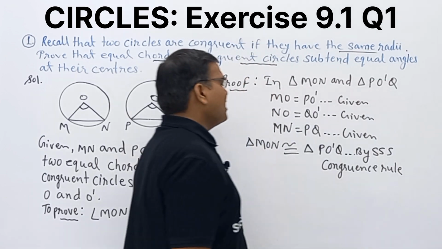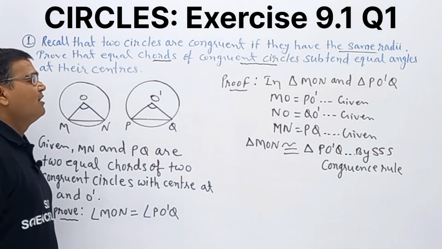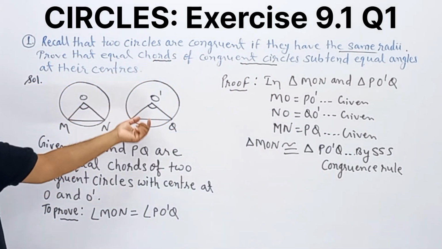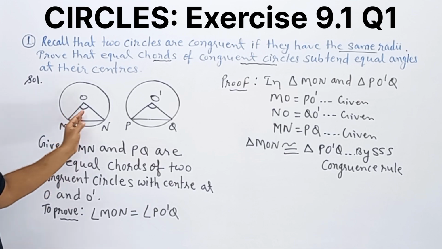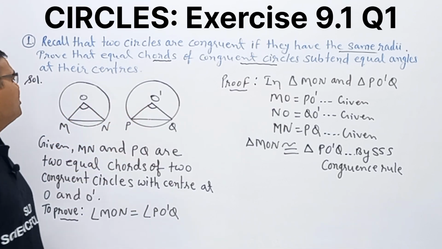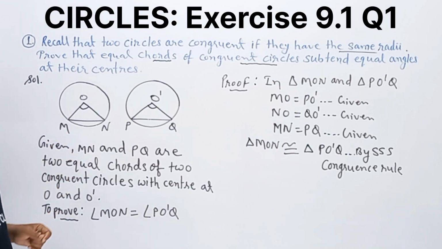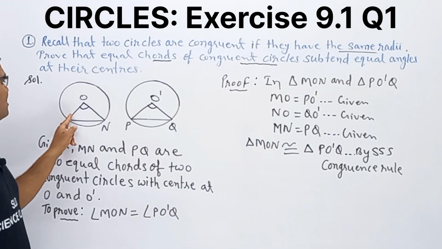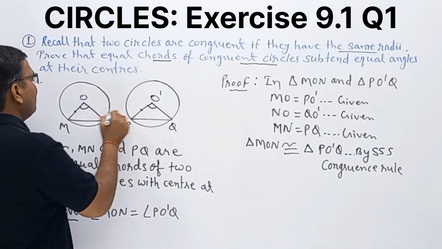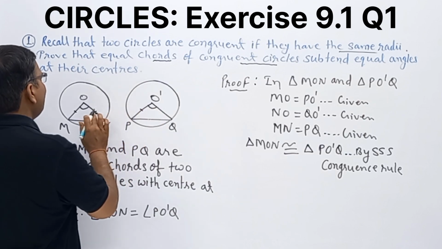Once the two triangles are congruent, then by CPCT, corresponding parts of congruent triangles are equal.